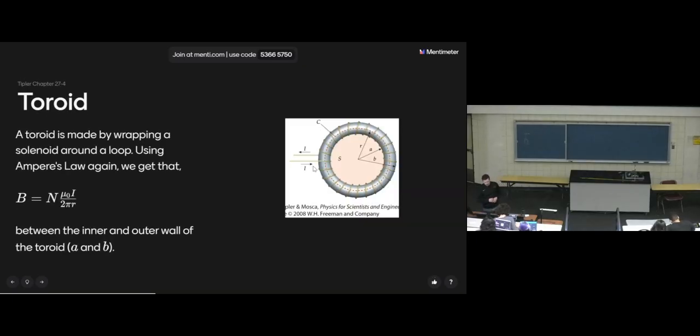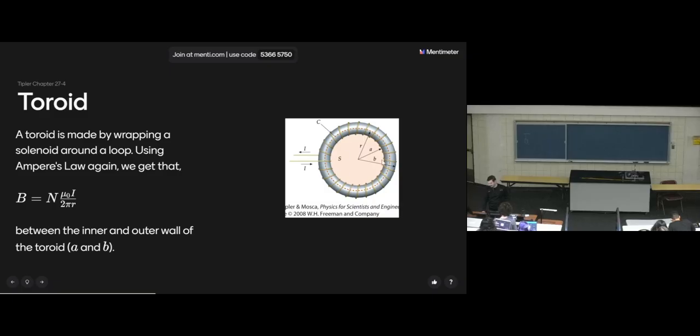A toroid is just like the solenoid that we talked about last time, but where you take the ends of that solenoid and wrap them around on themselves, making a closed loop. If you look at, say, the dashed line being inside both walls of the toroid, then I enclose 0 current.